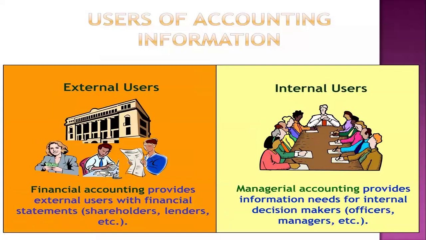The internal users use the information for decision making, for policy implementation, for comparison, and lastly, to formulate the different procedural aspects and the techniques to counter check the frauds, counter check the achievements, and unleash the potential of the company.